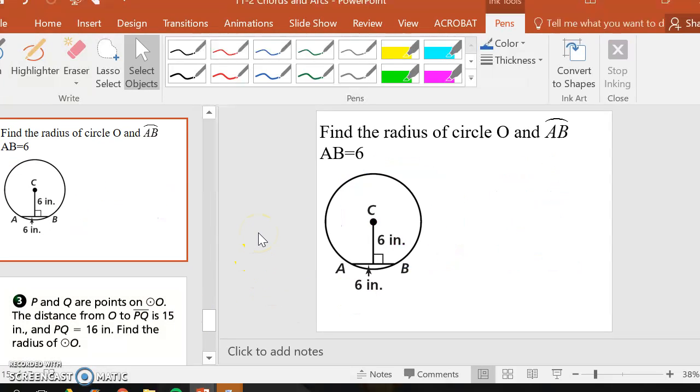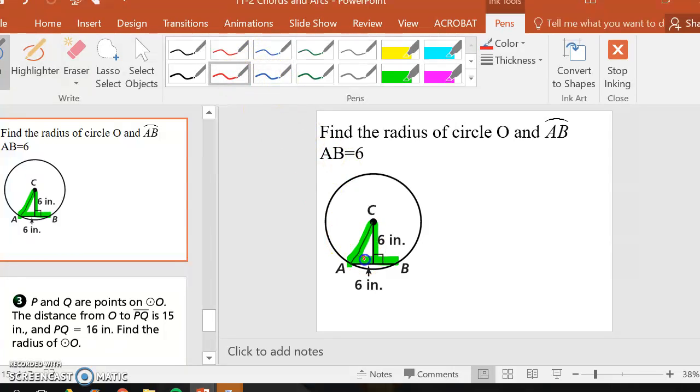All right. So in this example, it says find the radius of circle O and the measure of arc AB. Now segment AB, this whole segment they're telling you is 6 units long. Now this is a little tricky here. First off, the radius. If I draw this radius in, what I've constructed here is a right triangle.